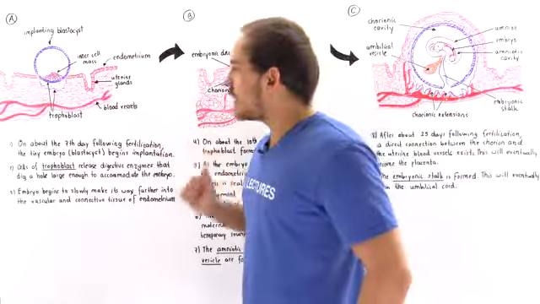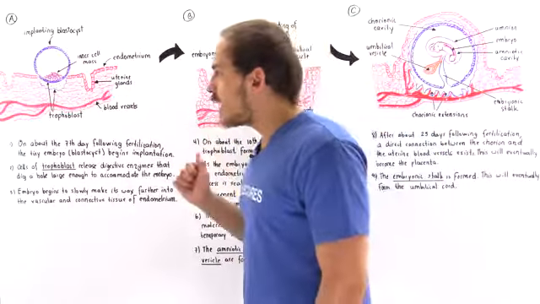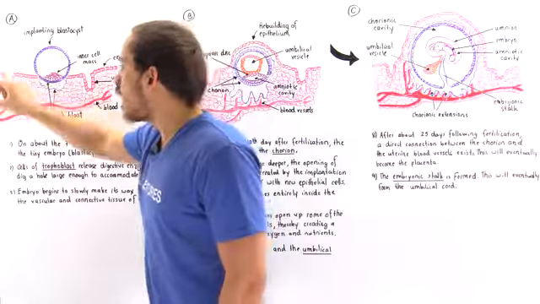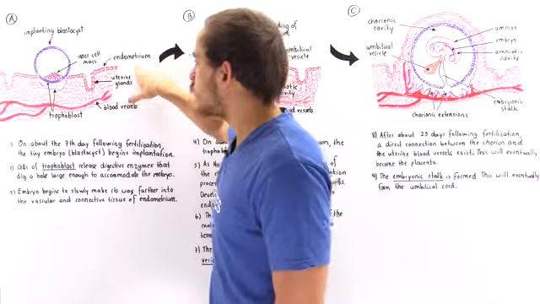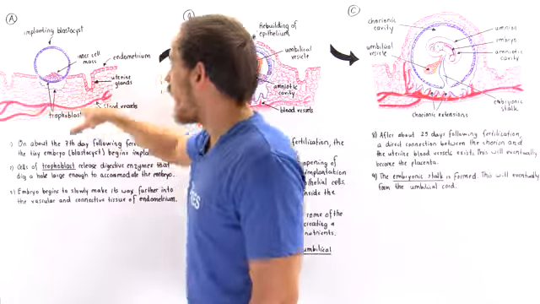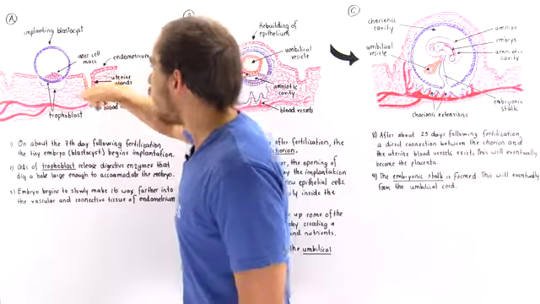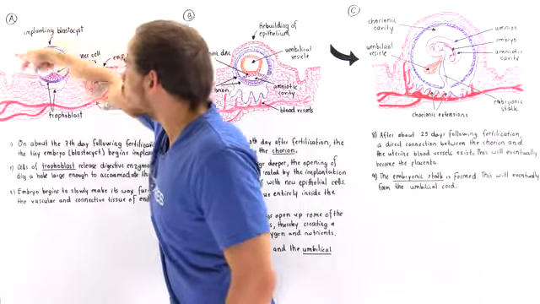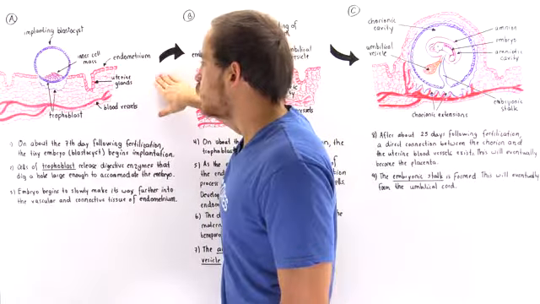So let's begin by taking a look at the following diagram, diagram A. In diagram A, we describe the lining of the uterus, the endometrium. We have connective tissue and vascular tissue. We have these cells shown in light pink as well as the red cells that make up the epithelium of that endometrium.